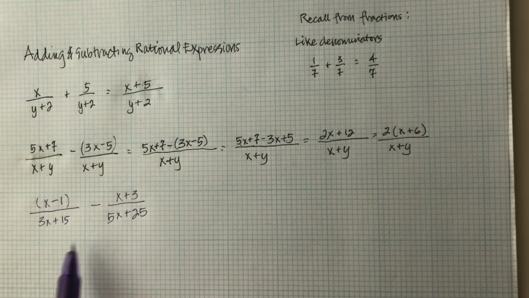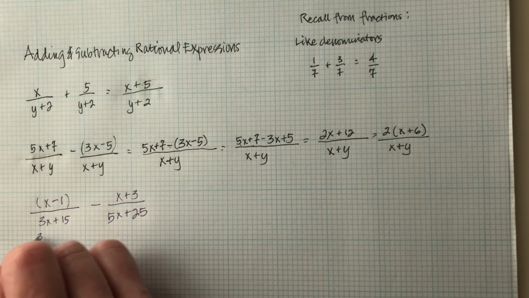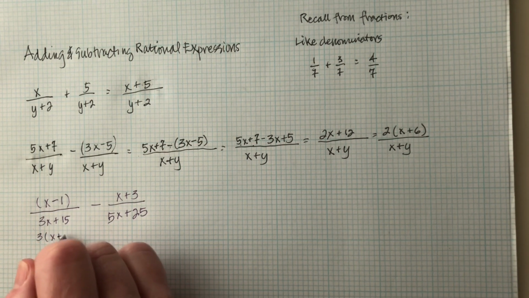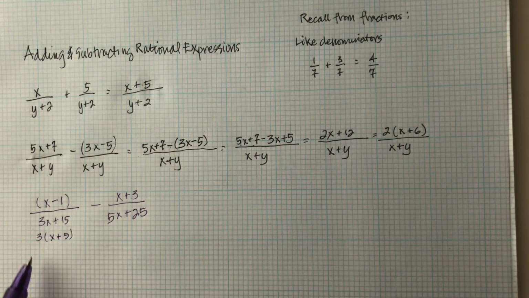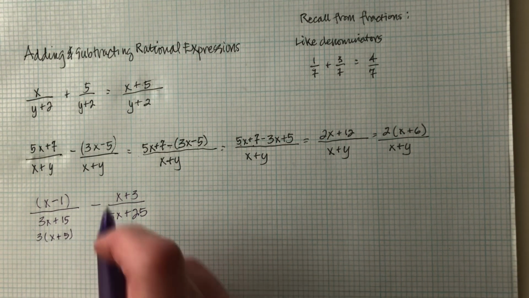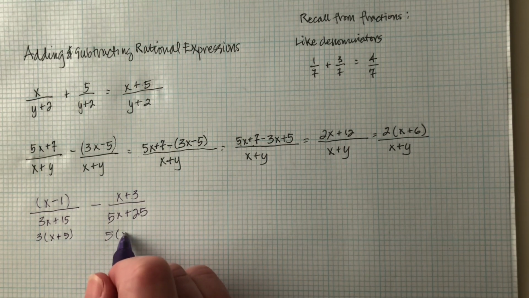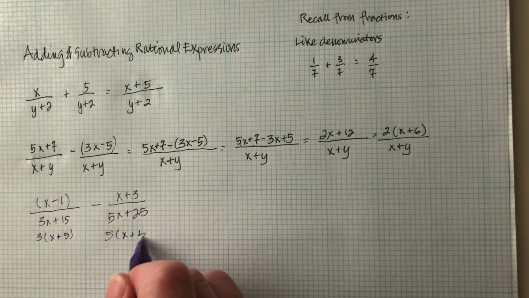They're not the same, but what we need to do is factor these to see if they have anything in common, or what does each one have, what does each one need. So in this case we have a common factor of 3 we can factor out, and over here we have a common factor of 5, right? So we've got the GCF out of each of these.